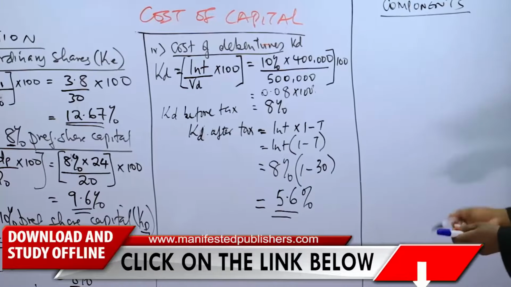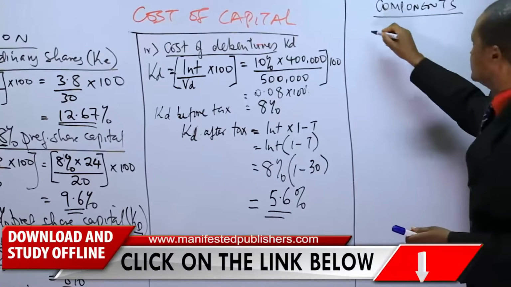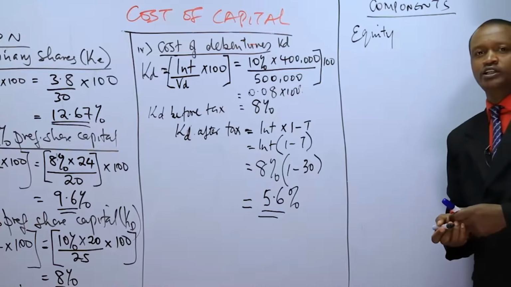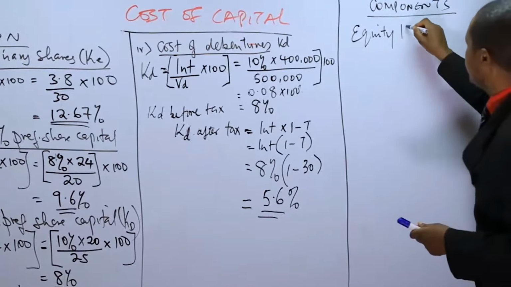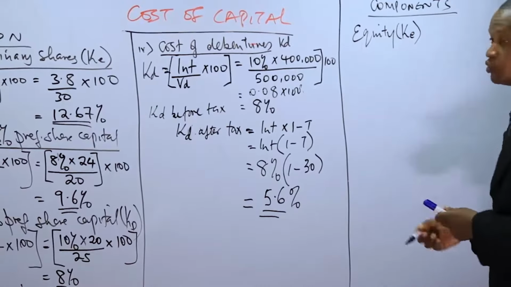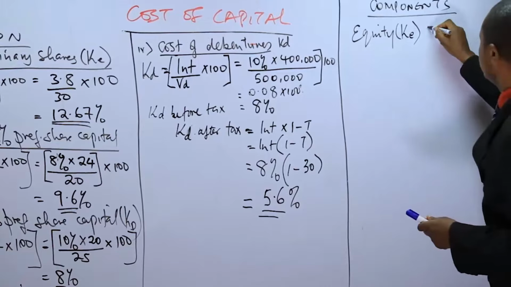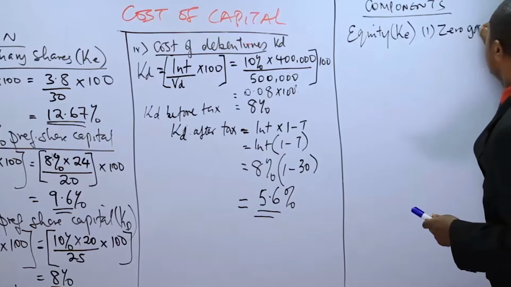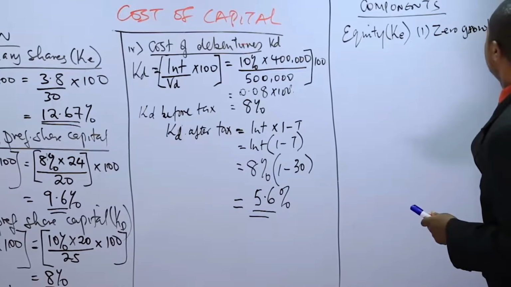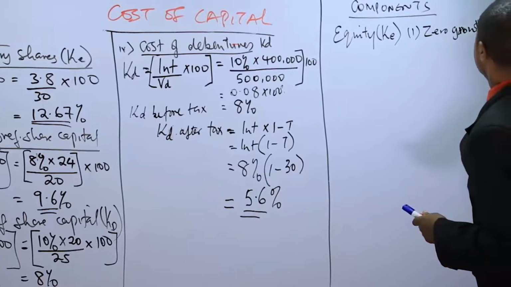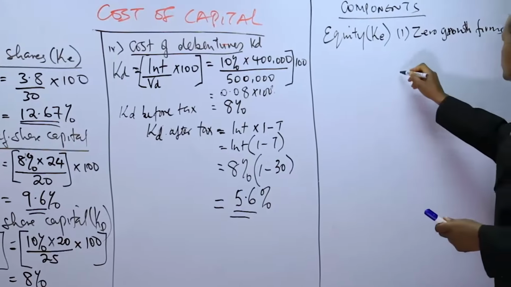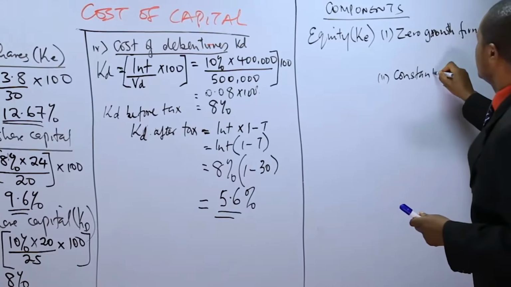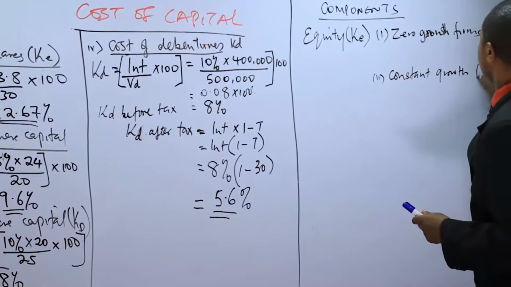Components, there are 3. The first component is equity. We said when analyzing the cost of equity KE, we look at it from 2 perspectives. Number 1 is the zero growth firms. Then number 2 is what we call constant growth firms.